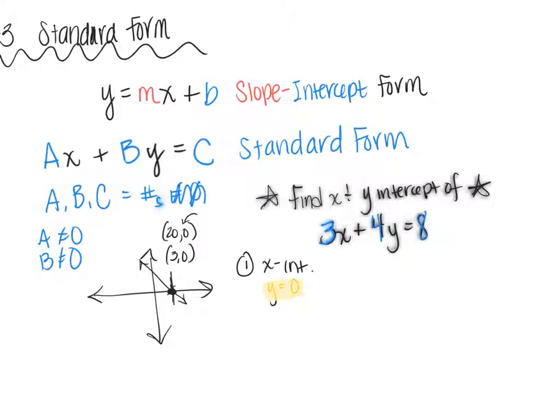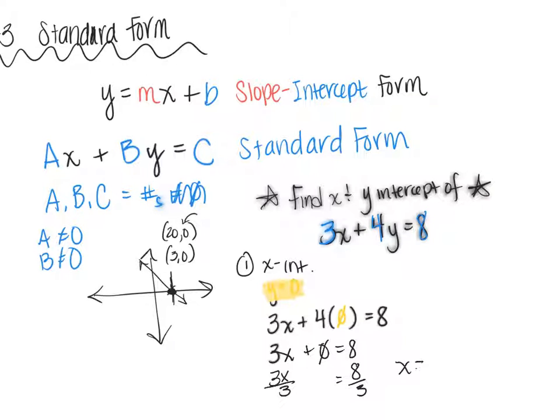So I get 3x plus 4 times 0 equals 8. So what is my x value? 3x plus 0 equals 8. Okay, let's solve for x. 3x divided by 3 equals 8 divided by 3, or x equals 8/3.